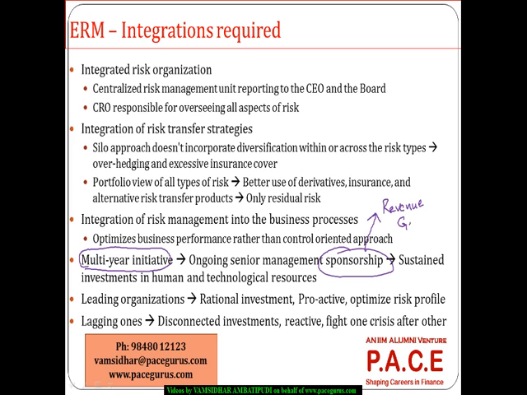The product department is a direct revenue generating department, but the risk management department is never a revenue generating department. It's a cost center, because there has to be a constant cost that goes into it.